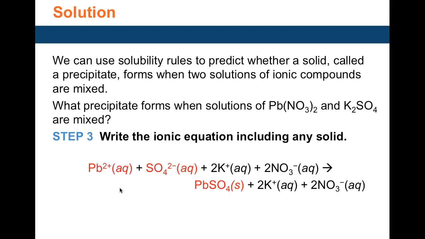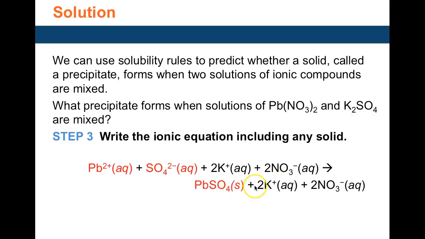So if you look at the entire ionic reaction, before you began the process of determining which would be insoluble, all of them are initially soluble. So on the left hand side you see AQ. When they are soluble, you will simply write AQ. The lead nitrate is soluble and the potassium sulfate is also soluble.